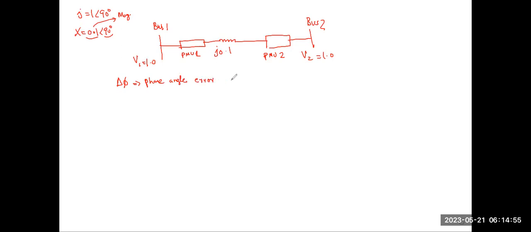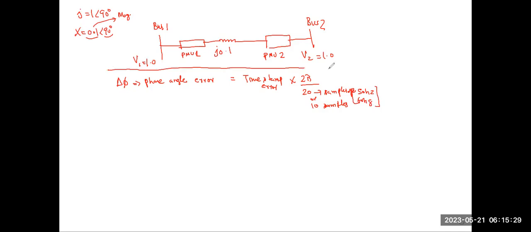So this is basically the formula: timestamp error multiplied by 2 pi divided by 20 samples per second if frequency is 50 hertz, or 10 samples if frequency is 60 hertz. Write down this formula, so that you can understand.